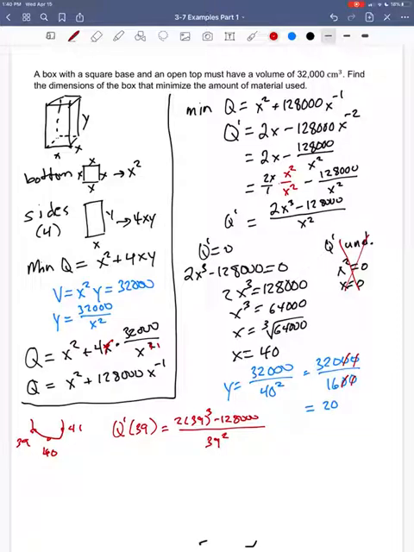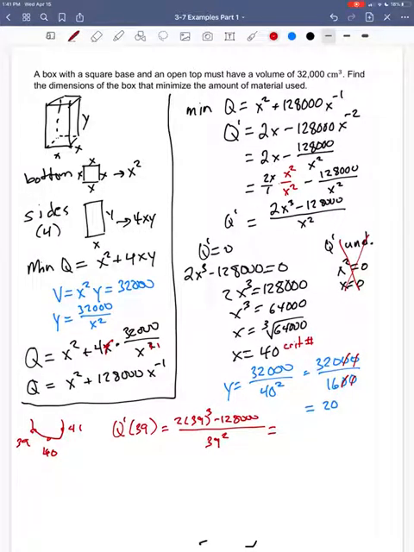Well, if I plugged in 40, right, x equals 40 was my critical number. If I plugged 40 in up here, that would make this 0 in the top. So if I plug in something less than 40, this number is going to be less than it was before, and that's going to make this then less than 0 instead of greater than 0.